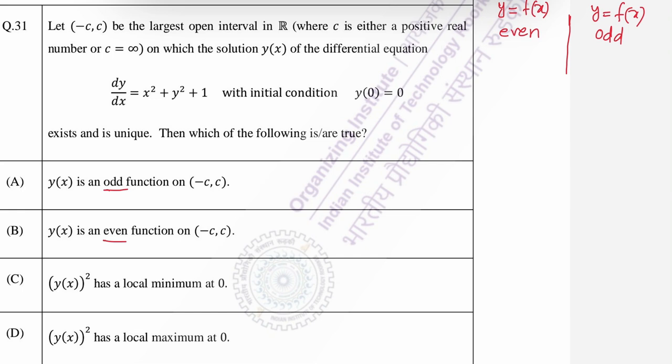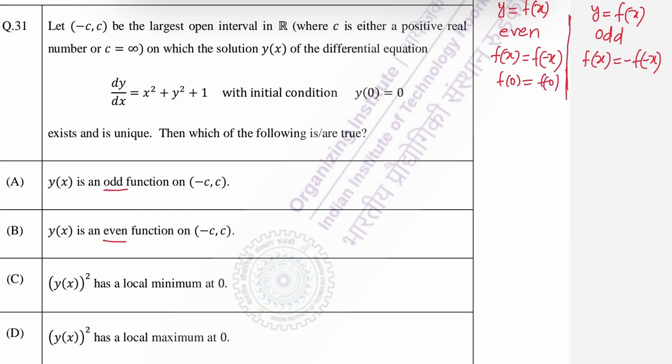So in case of an even function, it will be f(x) equals f(-x). And in case of an odd function, it will be f(x) equals -f(-x). Now if we put x equals 0, then it will be f(0) equals f(0).